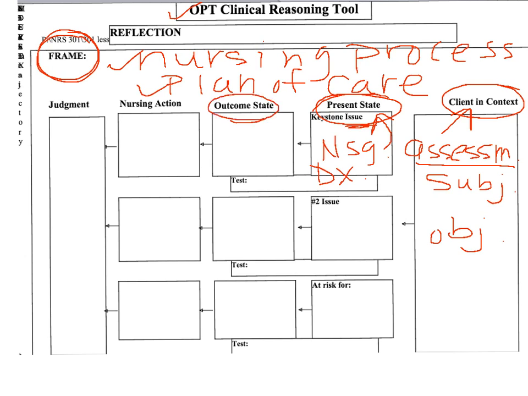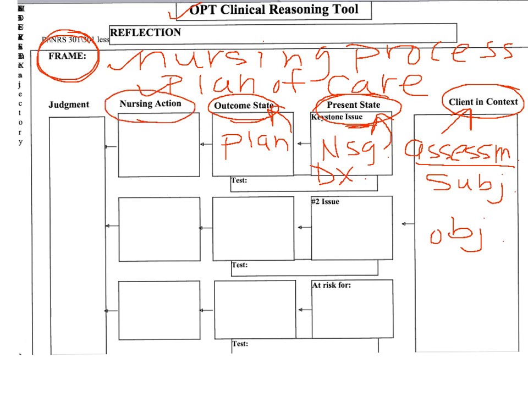Next, we have the outcome state. That is an OPT word. In the nursing process language, this is called your plan. What is it that you plan in order to help the client reach an optimal state of wellness? So plan is synonymous with outcome state.